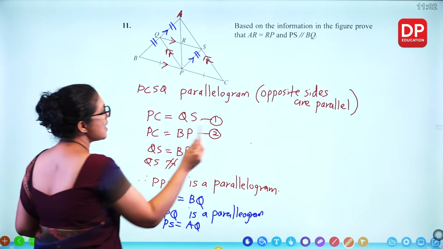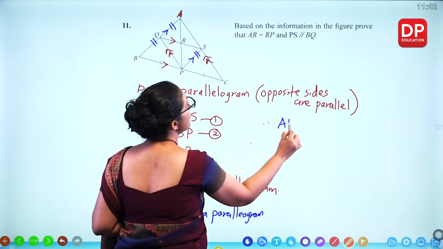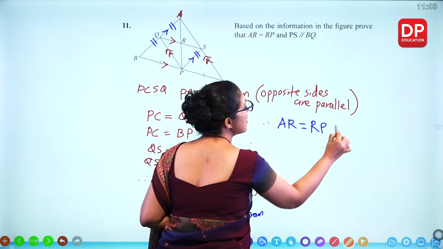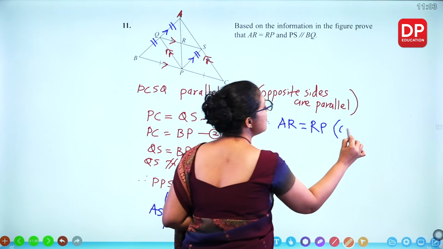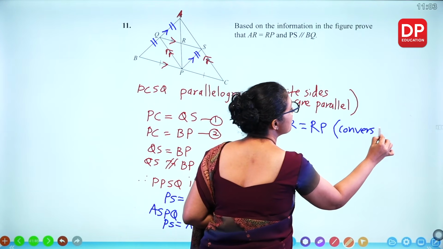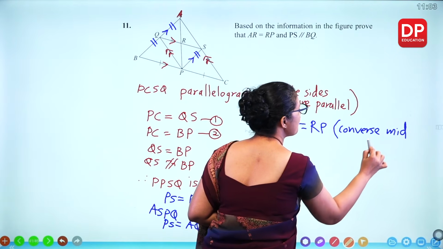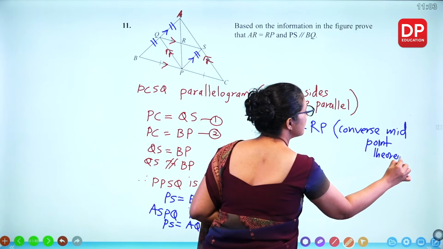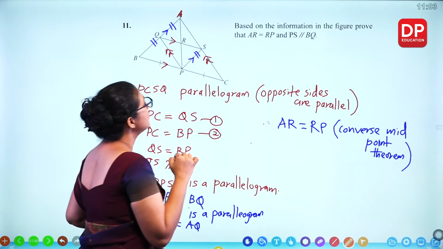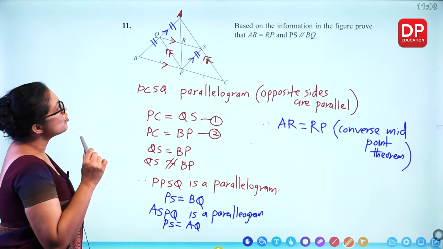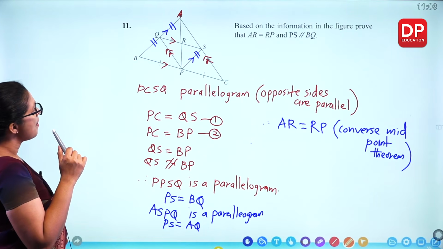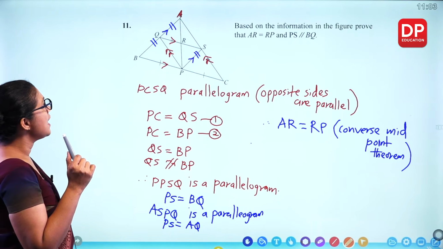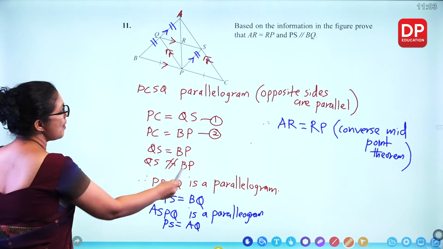So we can say AR is equal to RP according to the converse midpoint theorem. That's the first part. And you have to show that PS is parallel to AB. We did that before.